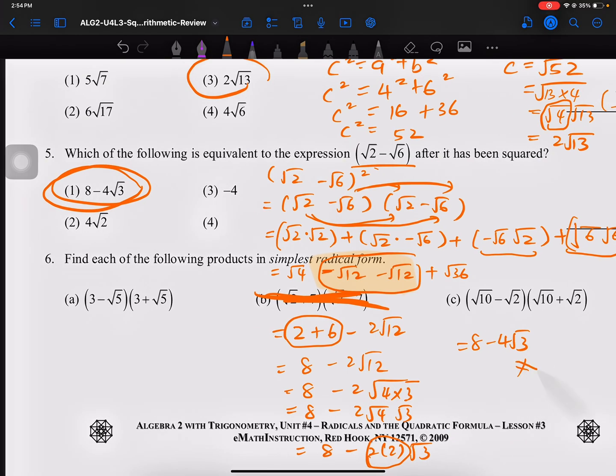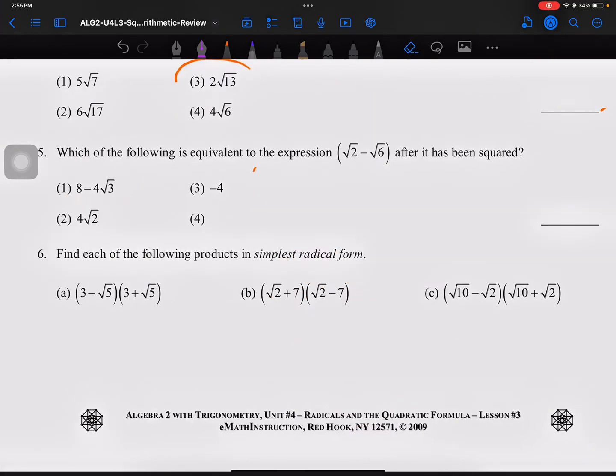Okay, next. Number 6, find each product in simple radical form. Now you can see everything here is a conjugate, all the same except the minus and plus sign. So for a conjugate, you know that you can have a squared minus b squared.